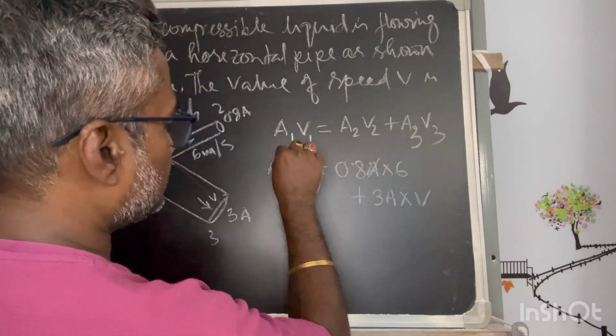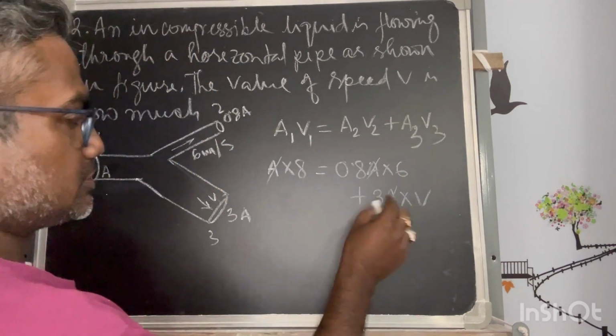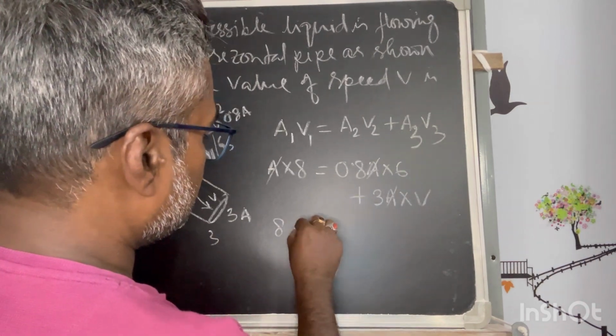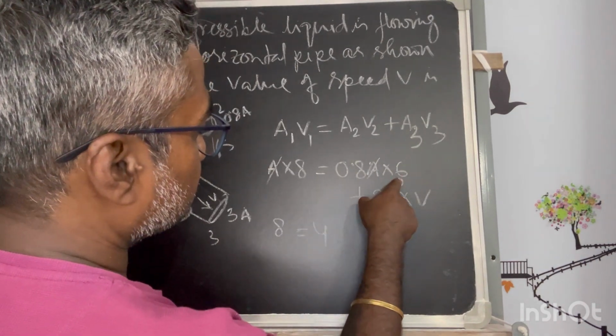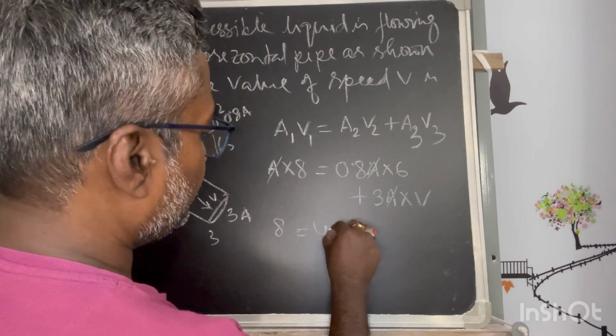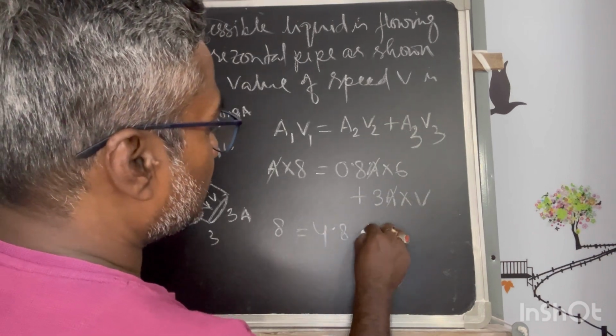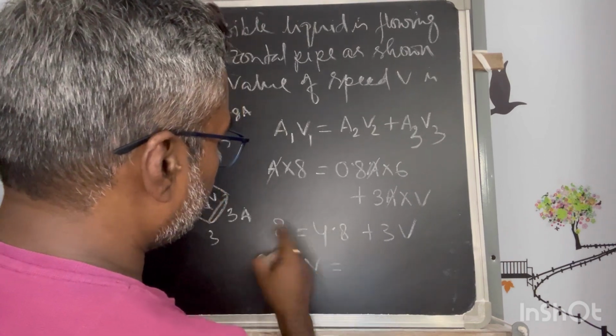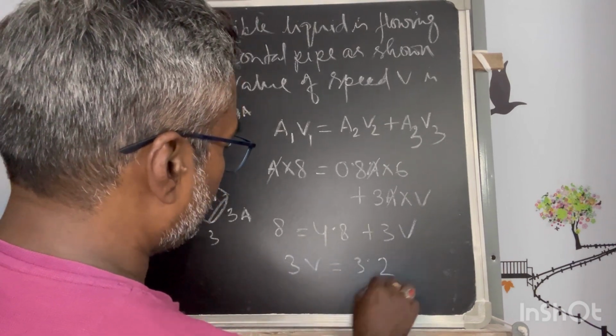Now A is not taking part because it is common, so 8 is equal to 4.8 plus 3v. So 3v has to be equal to 3.2.